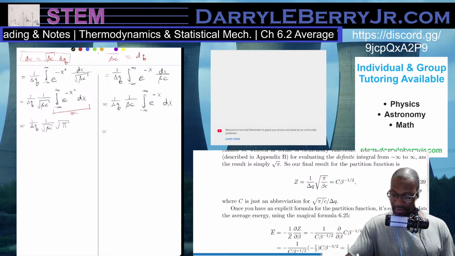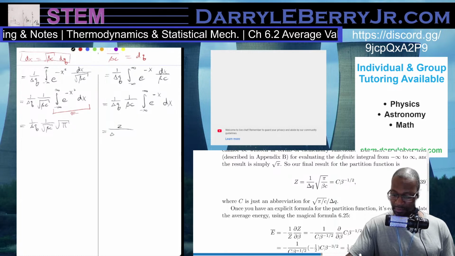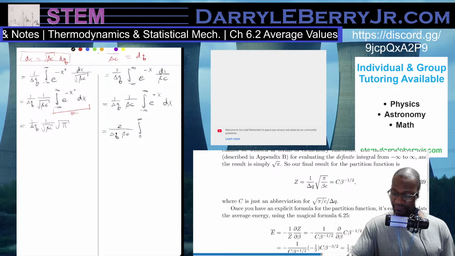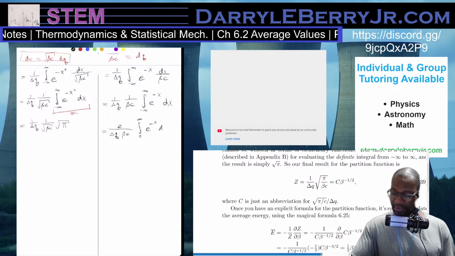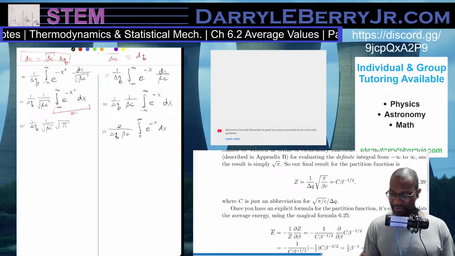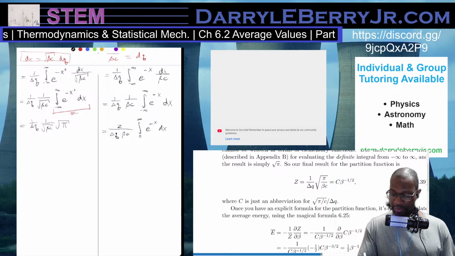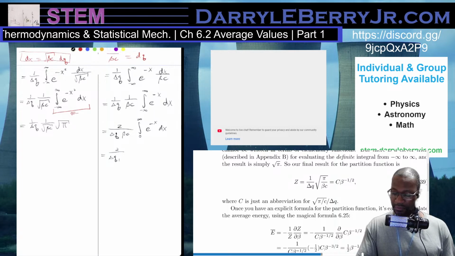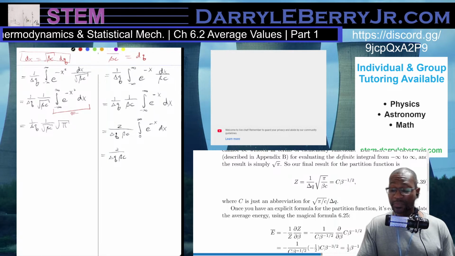Like if I said 2 over square root of q bc, integral 0 to infinity e to the negative x dx, since infinity does give us something, equals 2 over square root of q bc.